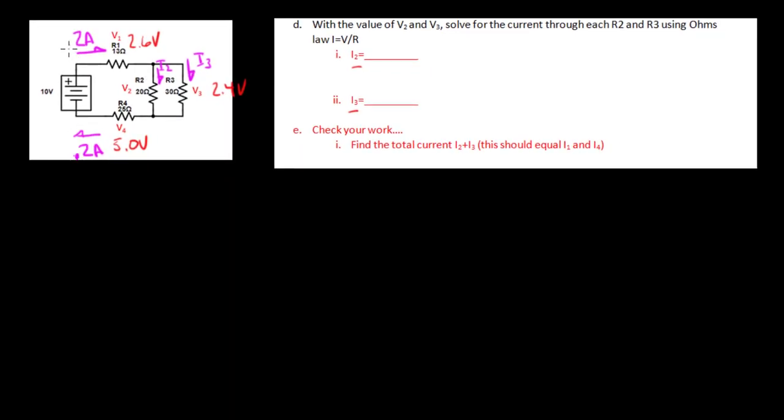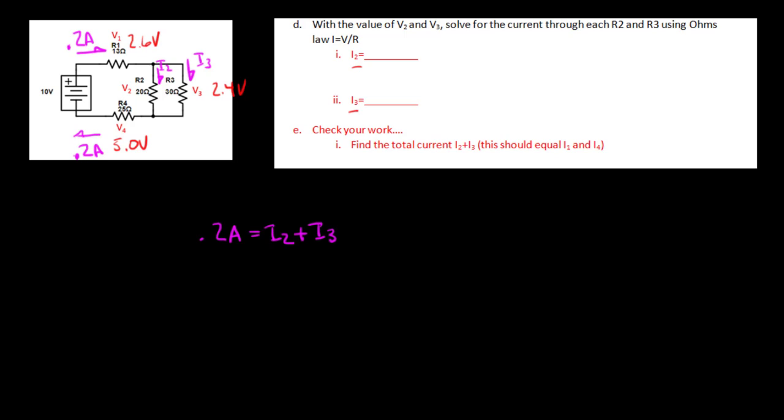So I can see here that 0.2 amps has to equal I2 plus I3. We know that because the current only has those two paths to go.